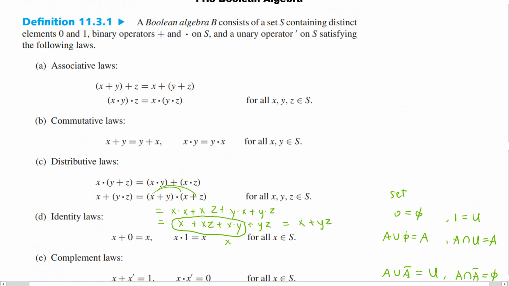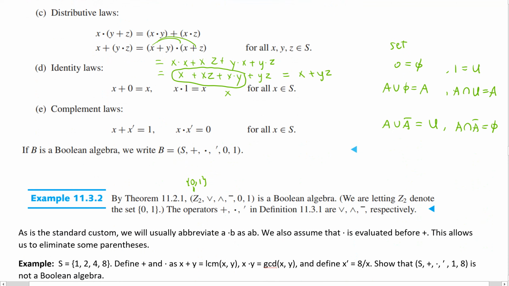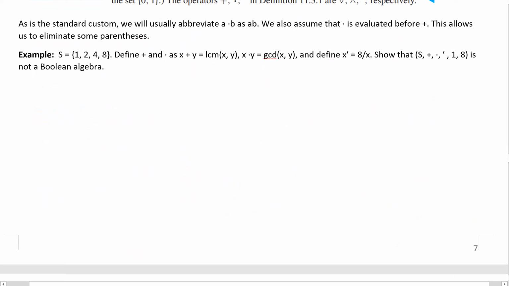First, we want to show both operators are associative, commutative, and distributive. We have the identity laws and the complement laws. So five laws. Keep those in mind. Let's check. First is the associative law.